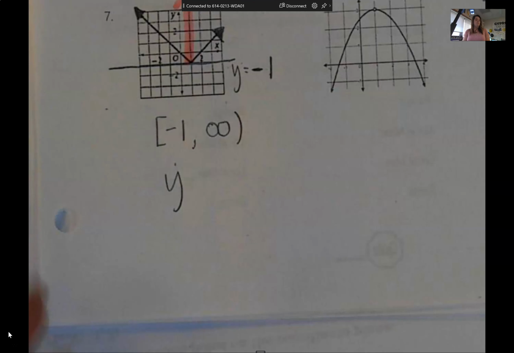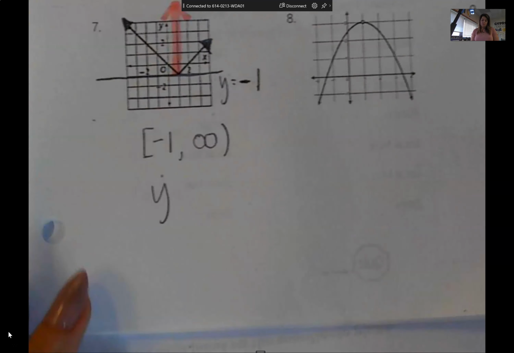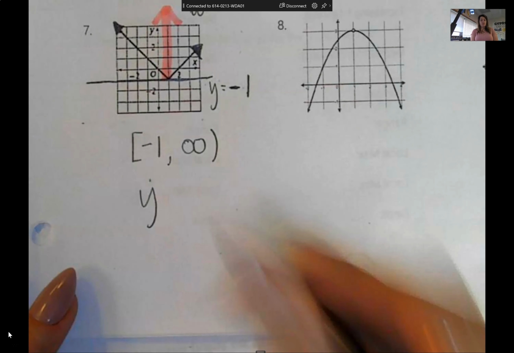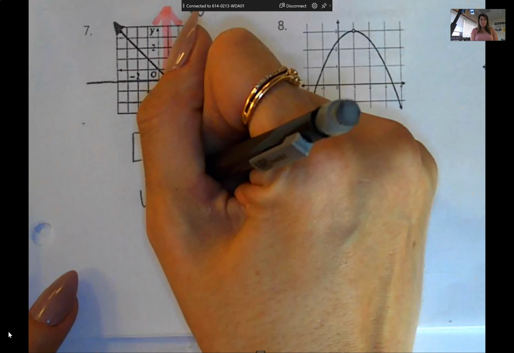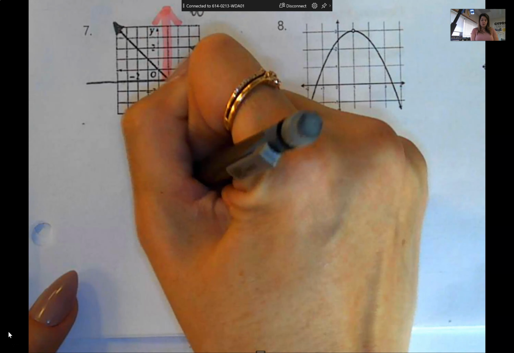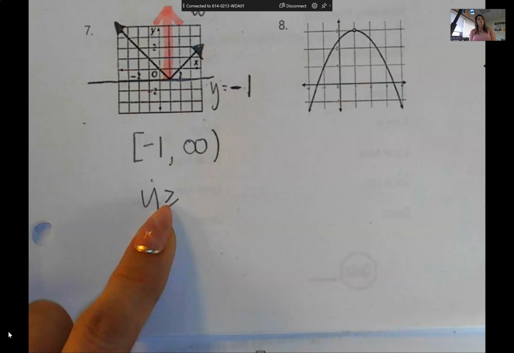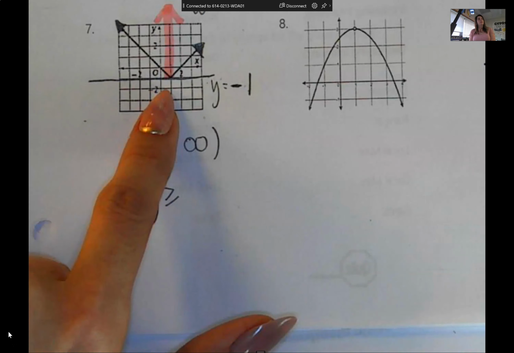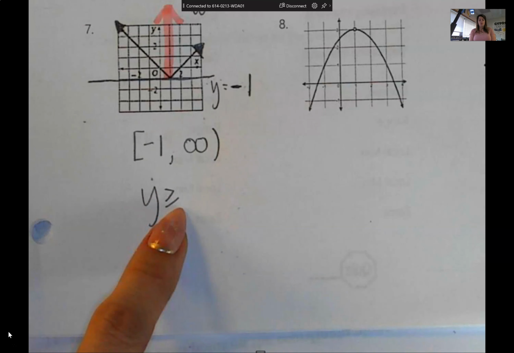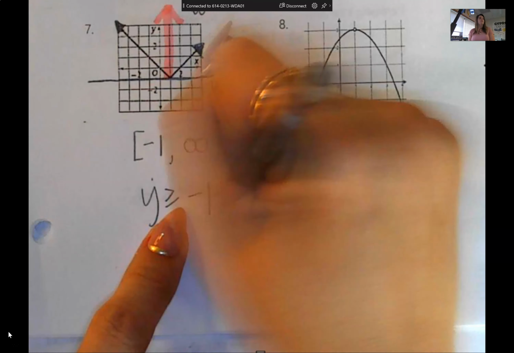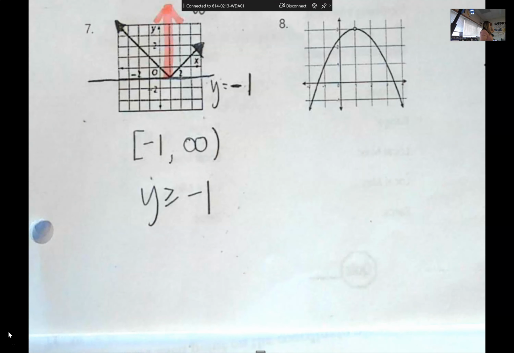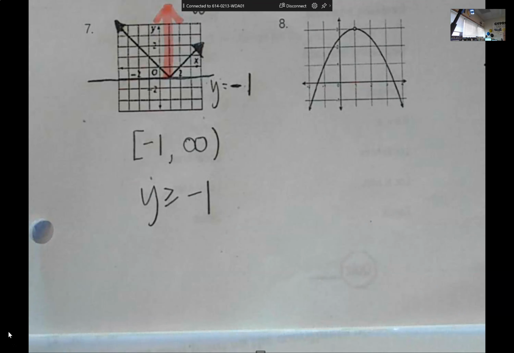Okay, the arrow is pointing toward the positive, so my inequality will point towards the positive number. There's no open point, so it's an equals to, and then you would write -1 as your number. So this can be any number greater than or equal to -1.